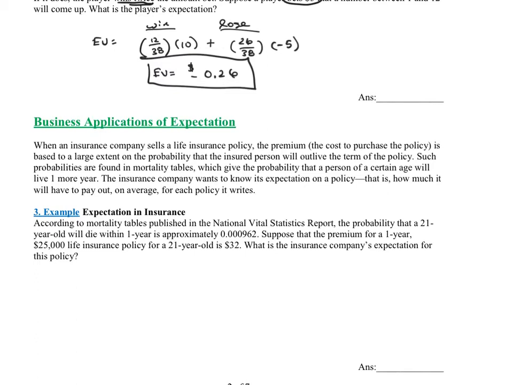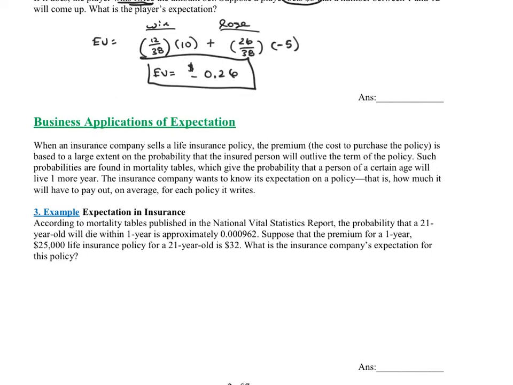What they'll do is look at the data, the expected value, or the probability that a 25-year-old male gets in a wreck. And if they get in a wreck, how much is it going to cost them? They look at the data and the probabilities, and then they set the insurance rate, your insurance premium, whatever you pay monthly, to ensure that they're collecting enough money to cover their butts in case you get in that wreck.